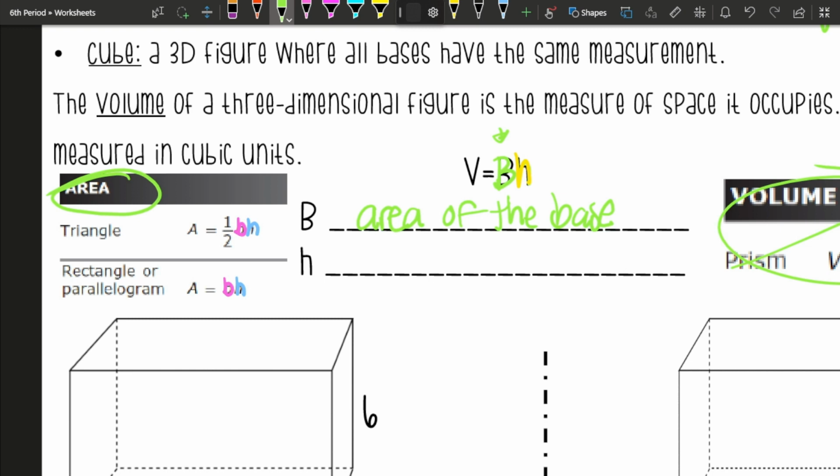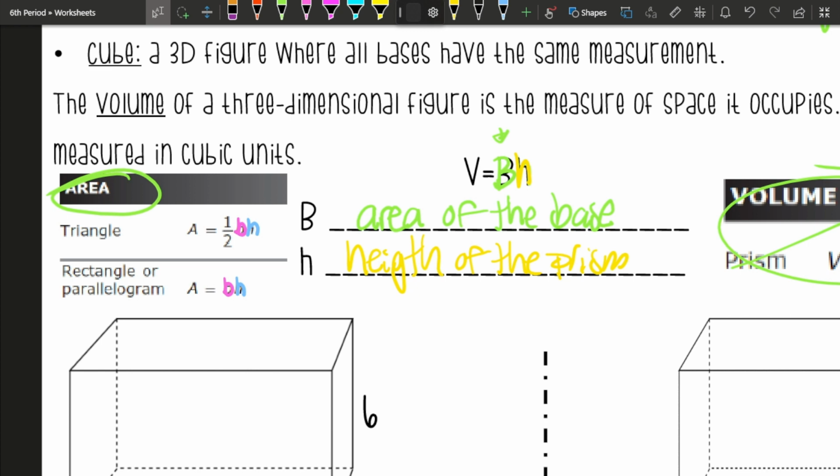And then the H, the yellow H, this is going to be the height of the prism. And this is going to be different than the blue H in the area formula, okay? This volume is different than area.